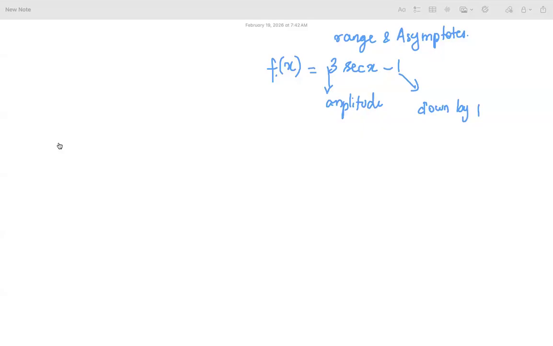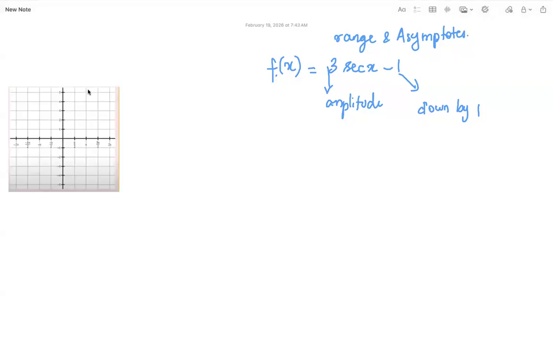Now, I want a graph, guys. Hold on. Let me see whether I can bring a graph. Yes. Let's see this graph. Okay, let me draw it there. So here, your usual secant graph is going to be pushed down by 1.